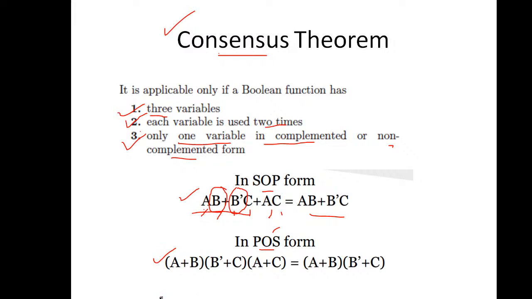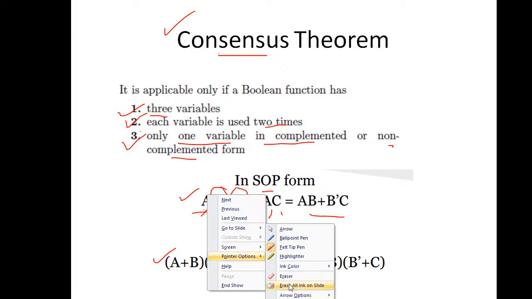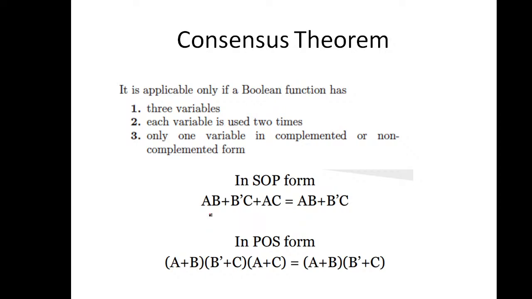Here also you can see there are 3 variables. Why is it SOP form? This is one product term, this is another product term, this is another product term. Okay, and you are doing the sum operation over the individual product terms, so you are getting the SOP, sum of products.